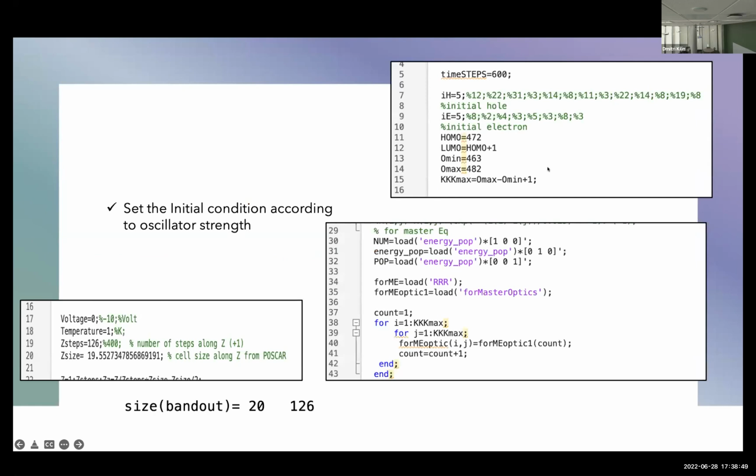One of the important things that is needed for computing spectra is to import this 4-master optics file, which to my understanding contains oscillator strengths for all possible pairs of orbitals, including both from occupied to unoccupied, as well as occupied to occupied and unoccupied to unoccupied. And I believe in one of the previous talks, previous weeks, David gave a comment about the structure and location of this file.